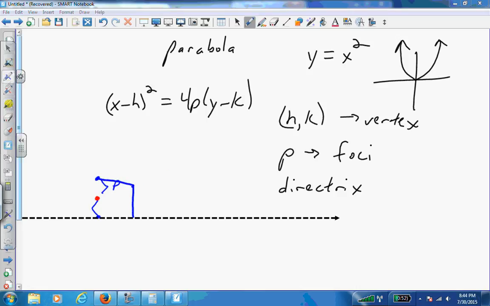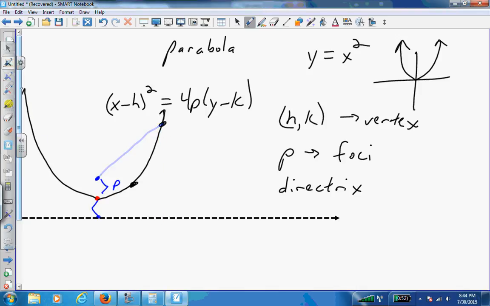If we go up, let's say 5 units, we have to also be 5 units from the focus. We do that on both sides, and we get our parabola. You can think of a parabola as a mirror with light rays coming in; the focus is the point through which those rays would reflect.